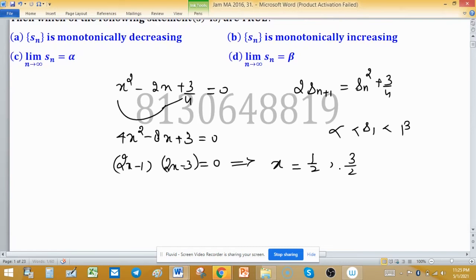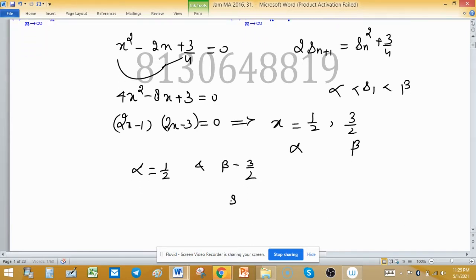So by intuition, we can say this is alpha and this is beta. So alpha is half and beta is 3 by 2. So the first term, as given, S1 is less than 3 by 2 and greater than half.